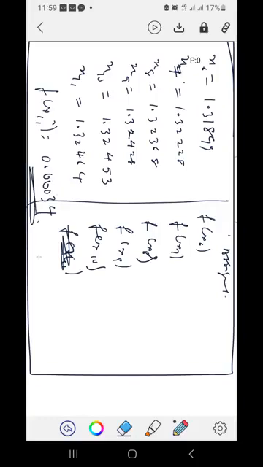The first one we got was, I think, 1.66 something, and when we did f, I'm talking about x2 now, x2 gave us minus 0.5 something.